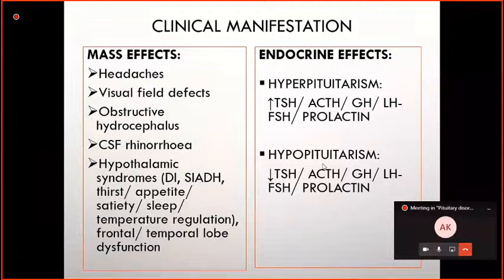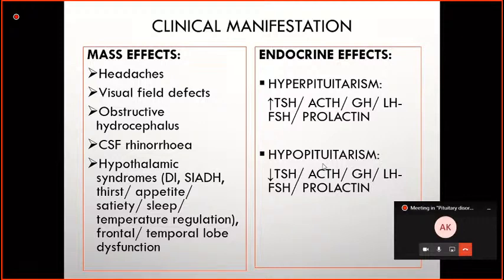Okay, hydrocephalus. Hydrocephalus can also occur if there is upward extension, because hydrocephalus is the expansion of the ventricles in the brain. As I mentioned earlier, a ventricle is the space in the brain that is filled with CSF. There is a hole that drains this CSF.